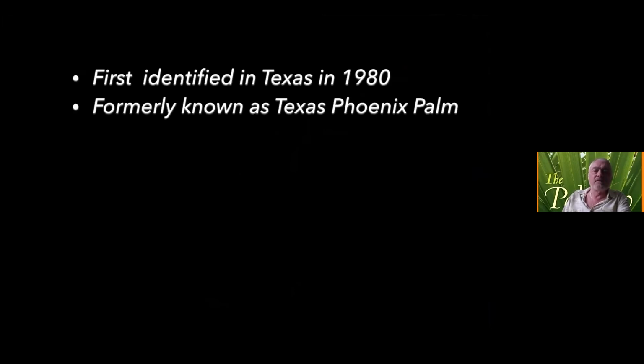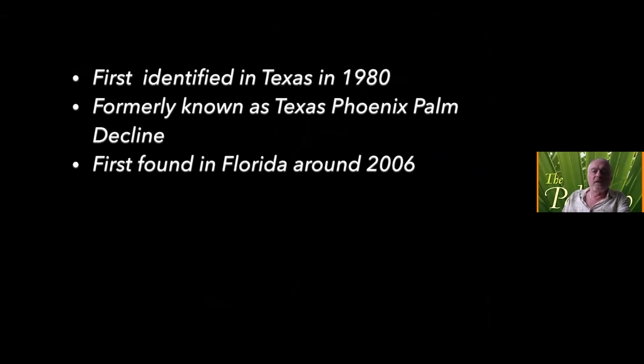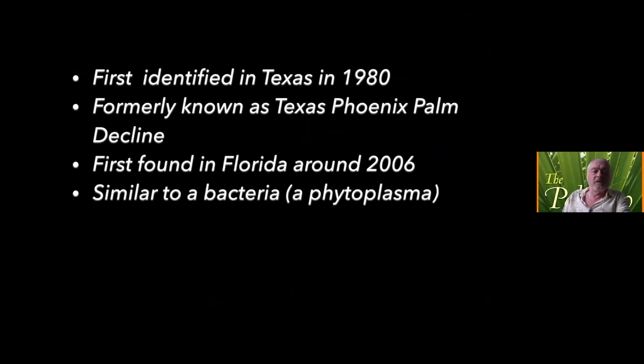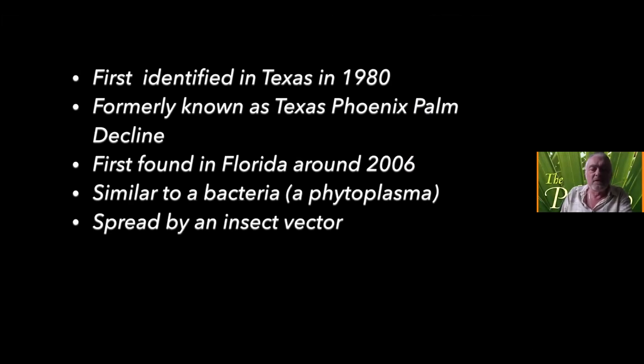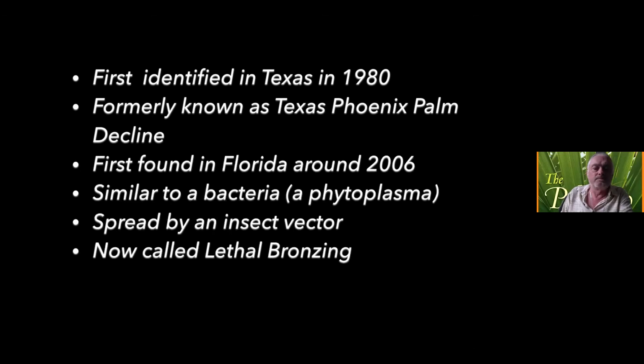It was found in a Phoenix palm tree, so it was dubbed Texas Phoenix palm decline. It was first found in Florida around 2006, and it was the same genetically, so they called it Texas Phoenix palm decline. It's caused by a phytoplasma, which is similar to a bacteria but lacks a cell wall. It's spread by an insect. I'll show you a picture of that. And it's now called lethal bronzing.